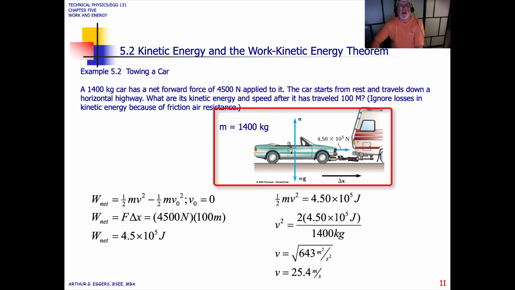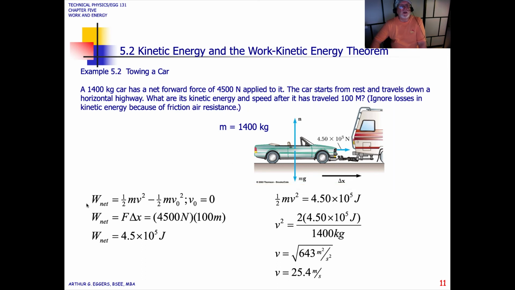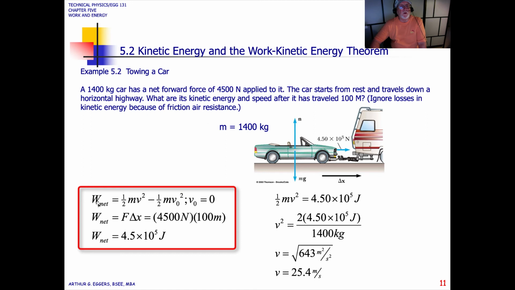So if we look at the relationship here, we see that we set the mass equal to 1,400 kilograms. We set up our free body diagram here, as an example, normal force up, weight down, and we've got the force of the vehicle, 4,500 newtons applied to it. Okay, and it's moving in the direction delta x, which we're going to use 100 meters for that. So let's start with our defined net work.